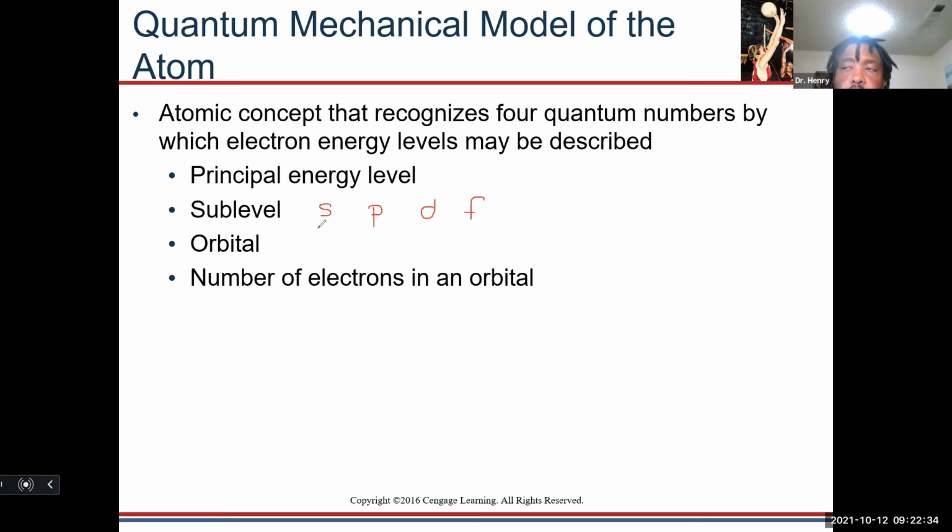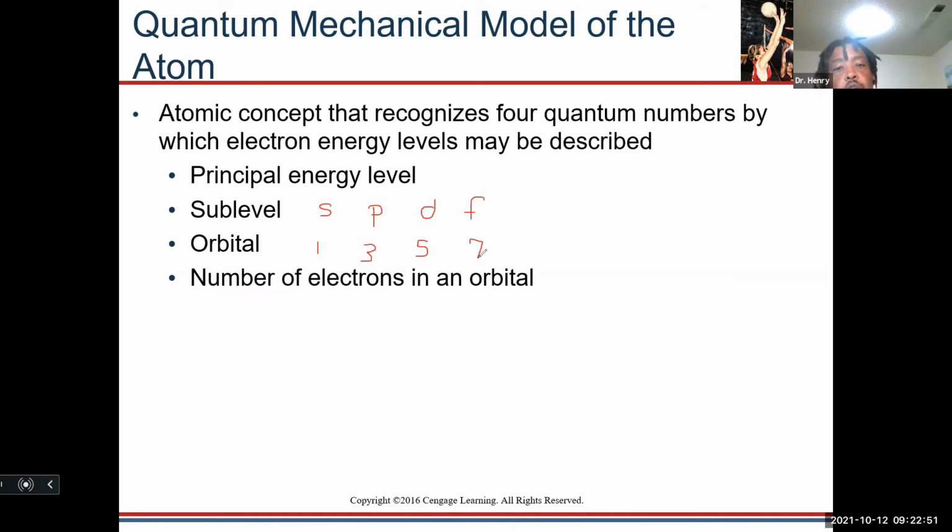So the S has 1 orbital. The P has 3 orbitals. The D has 5 orbitals. And the F has 7 orbitals.